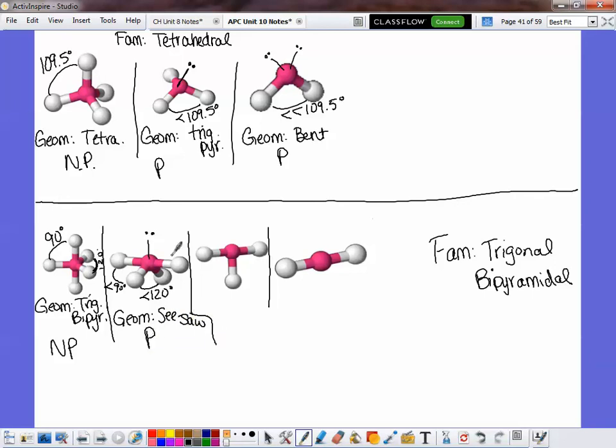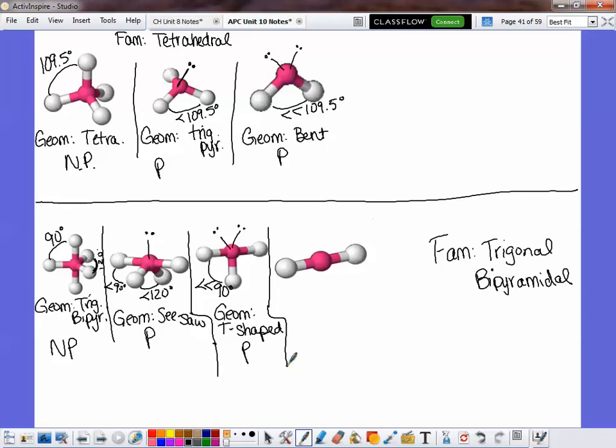And these are polar. That lone pair makes it polar. This one, we have two lone pairs that's squishing that bond angle down to really less than 90. And this geometry is T-shaped. See how it looks like a T. And this is going to be polar as well.